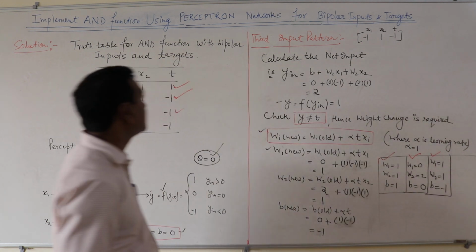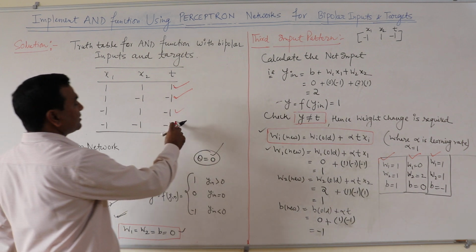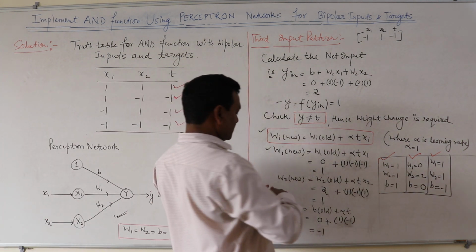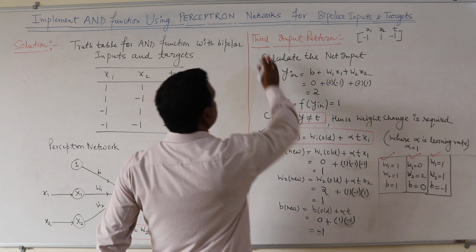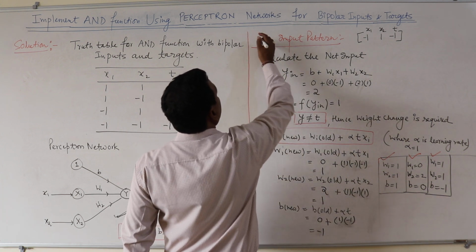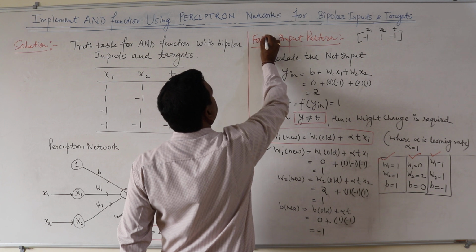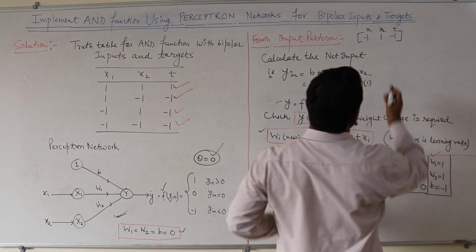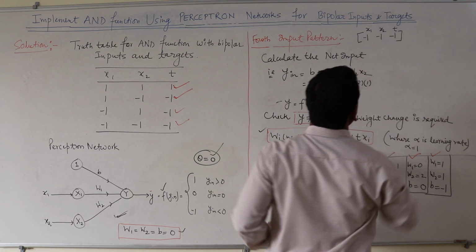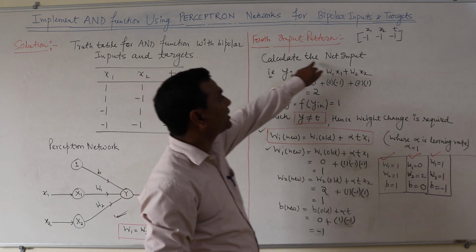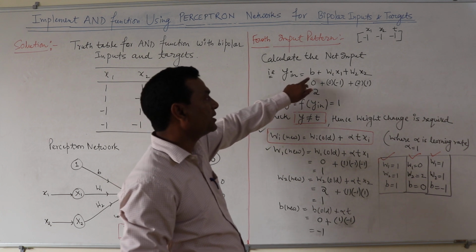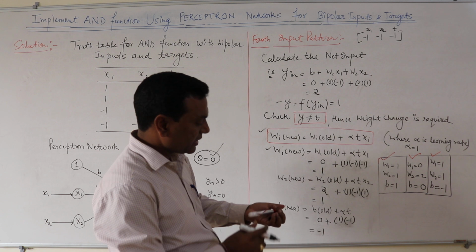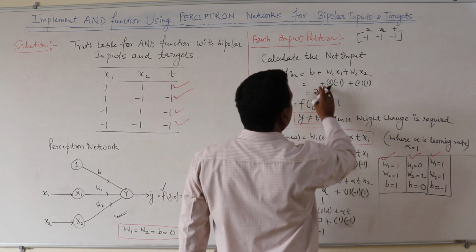Now we will see the fourth input pattern. Fourth input is minus 1, minus 1, minus 1. Now calculate the net input, that is yin equals b plus w1 x1 plus w2 x2. We can easily calculate by putting the values.